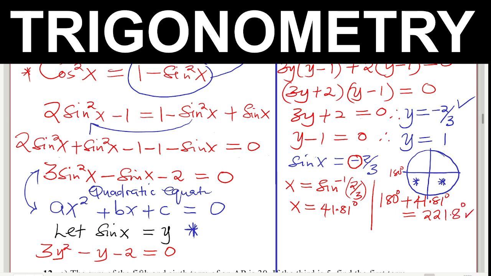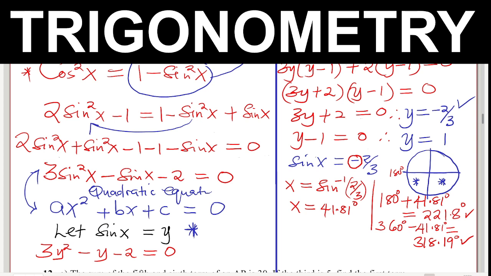That is the first angle. And we are looking at the range between 0 and 360. So in the fourth quadrant, how do we get the angle? We take 360 and subtract the acute angle 41.81 degrees. And this gives 318.19 degrees. So that is the angle in the fourth quadrant.